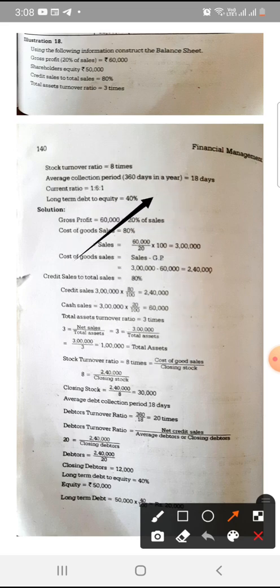Average collection period, 360 days in a year, is 18 days. So debtors turnover ratio is 360 divided by 18, it is 20 times.